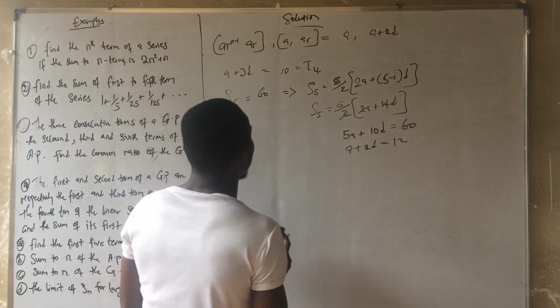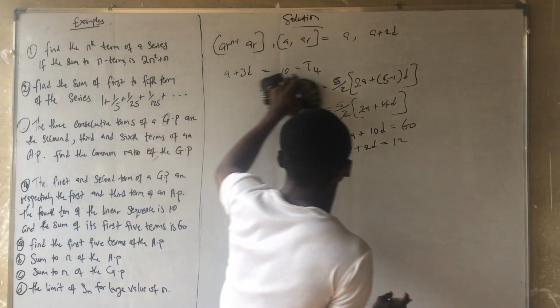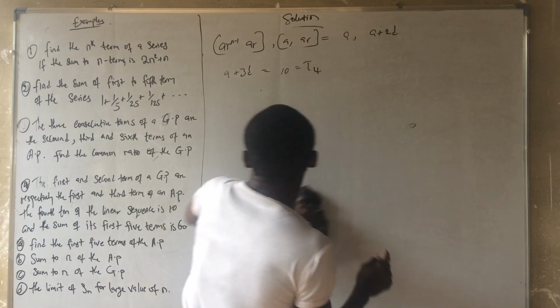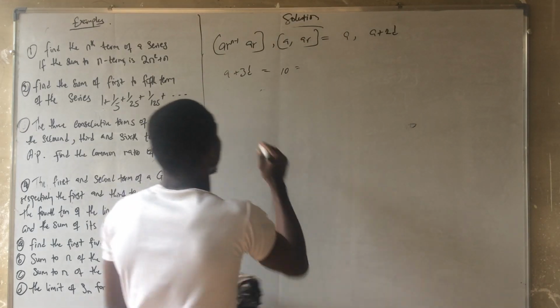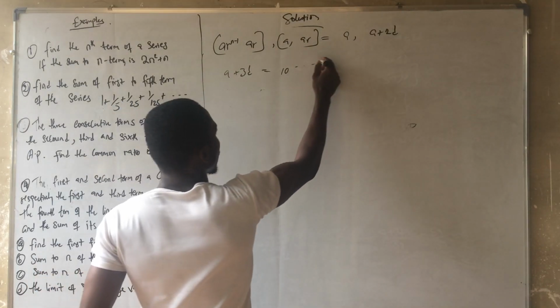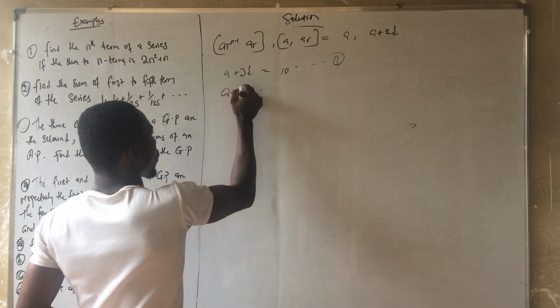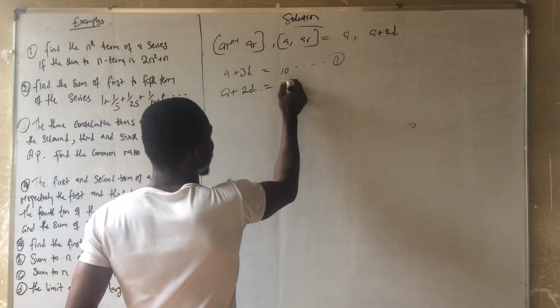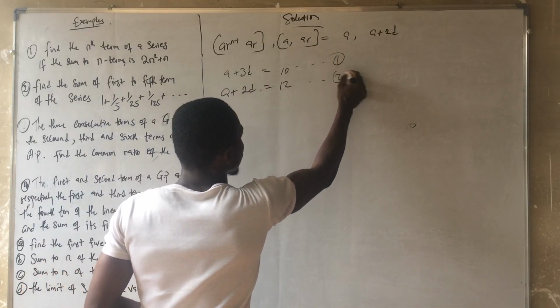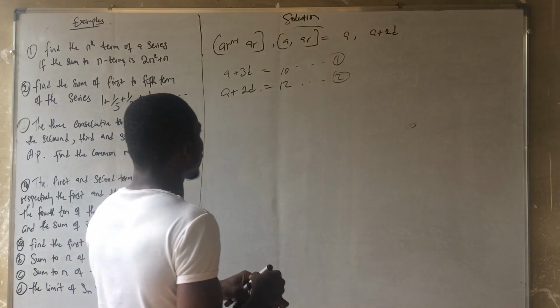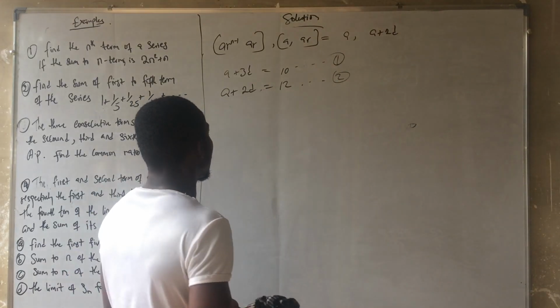So we have gotten another equation. We have A plus 3D equal to 10, call it equation 1, and A plus 2D equal to 12, call it equation 2.